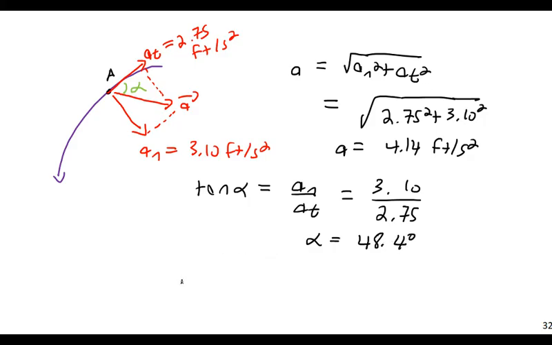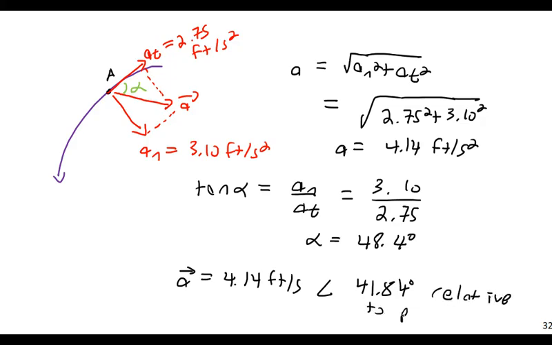And so then I can just say the acceleration is 4.14 feet per second squared at an angle of 48.4 degrees relative to the path, behind the car.